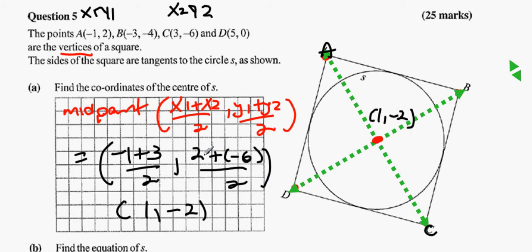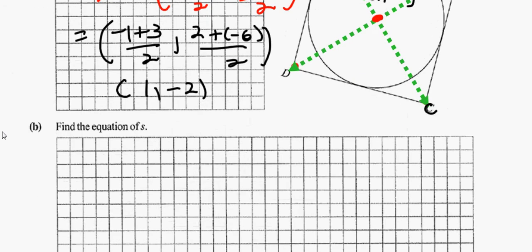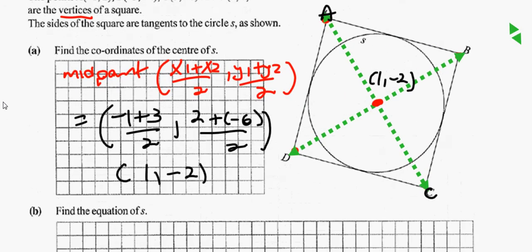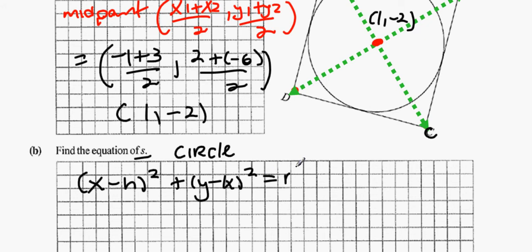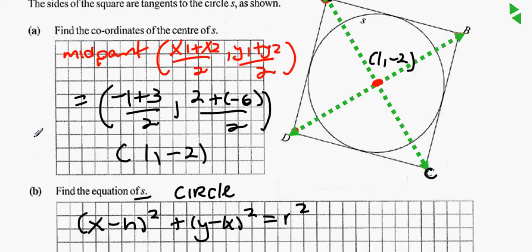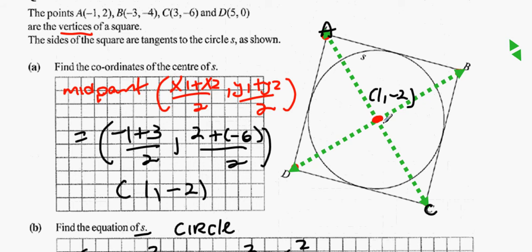Now, find the equation of S. S is a circle, so we're looking for the equation of a circle. Once again, we go to our notes, and we get (x minus h) squared plus (y minus k) squared equals r squared. So next we have to figure out what the radius is. The radius is the length from S to any other spot.